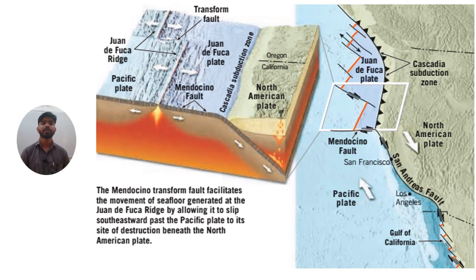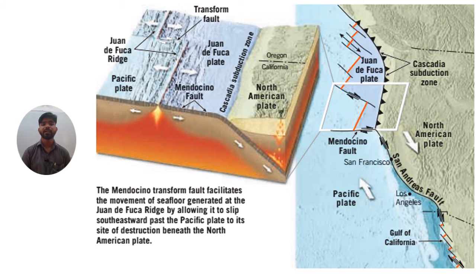The transform faults also provide the means by which the oceanic crust created at the ridge crest can be transported to the site of destruction, that is at the deep oceanic trenches. Notice that the Juan de Fuca plate moves in the southeasterly direction, as we have seen in the previous slide, eventually being subducted under the western coast of the United States and Canada.